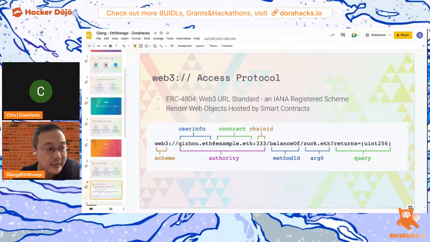It is a way to render web objects hosted by the smart contract. It is very similar to HTTP, so that it can inherit all the good benefits of HTTP, while we are able to identify a resource hosted by the smart contract. And further, access the underlying storage layer that we built.